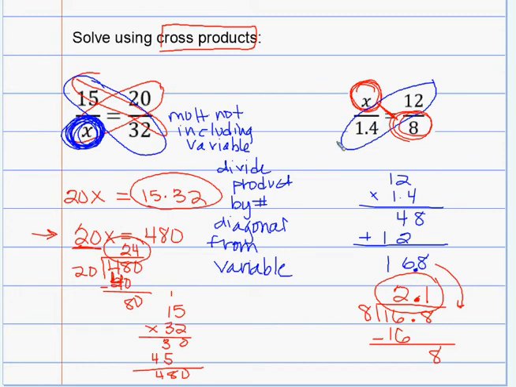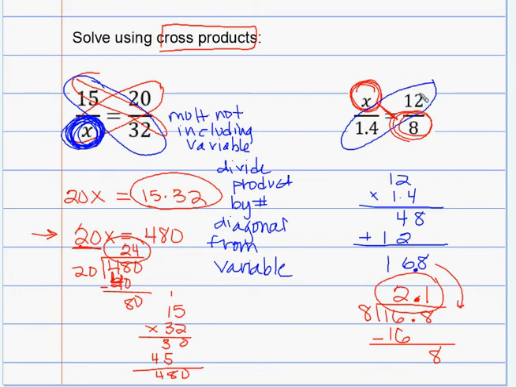Now, here's one other thing that you need to remember or pay attention to. Do you see how 20 is less than 32? So 15 has to be less than whatever your x value is. So our x value is 24, so that's good.